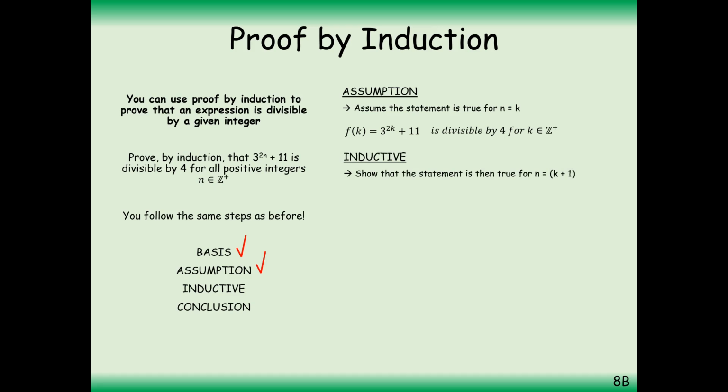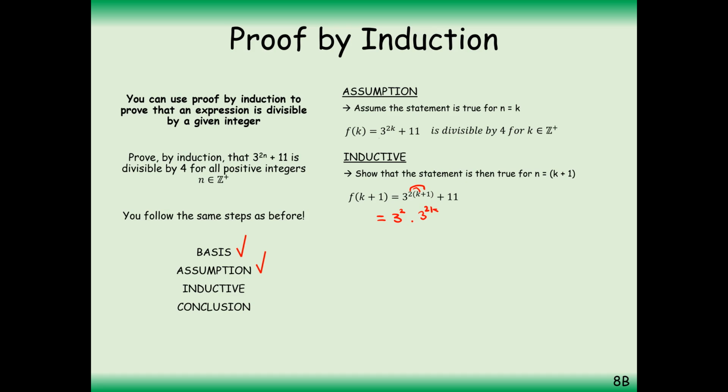The inductive step is where most of the hard work is done by algebra. So you substitute n equals k plus 1 wherever the k is. Notice that this 2 multiplies both of these terms. 2 is multiplied by k and by 1. So we end up with an extra factor of 3 squared multiplied by 3 to the power of 2k.